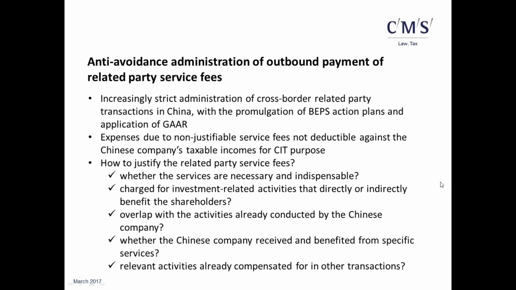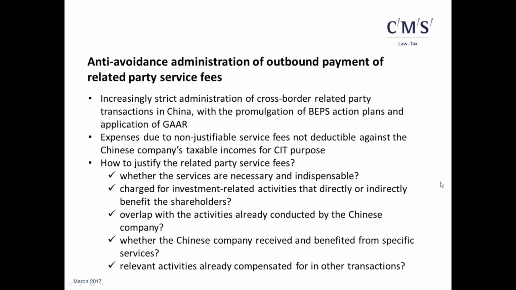And second is whether these service fees are charged for investment-related activities that directly or indirectly benefit shareholders rather than the PRC subsidiaries themselves. For example, in some practical cases I encountered previously, the foreign enterprise, in your case, such as a foreign holding company, provides some internal control services or financial statement consolidation services or group reporting services to the PRC subsidiaries.